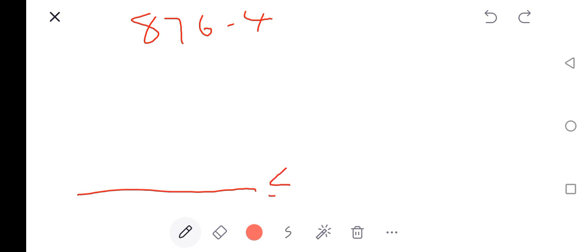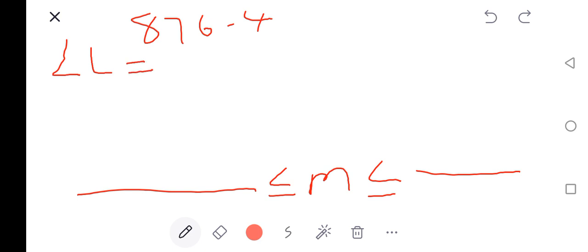Sorry, I had lost contact. So what we have is 876.4, like I was saying, with something like less or equal to M, less or equal to. We said we are finding our lower limit, where we subtract the error from what we are given, 876.4.